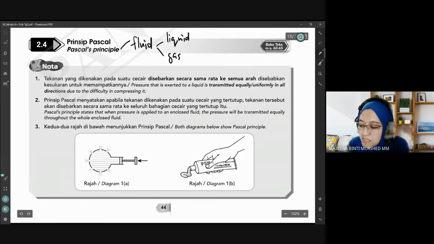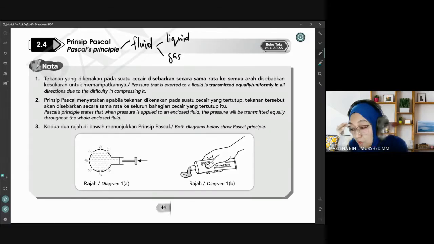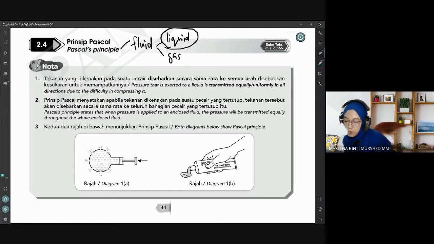So Pascal principle is applicable for fluid, and in this case we will focus on a liquid, which experiences the same pressure at any point, same pressure at any point.